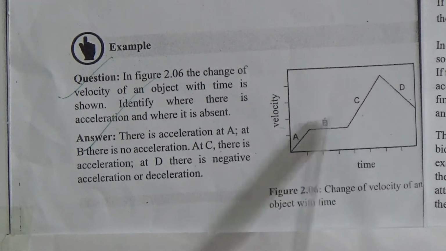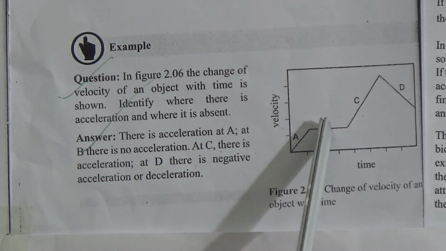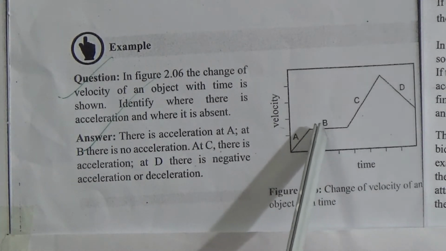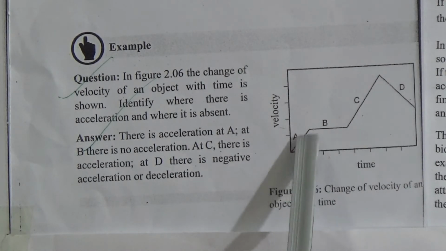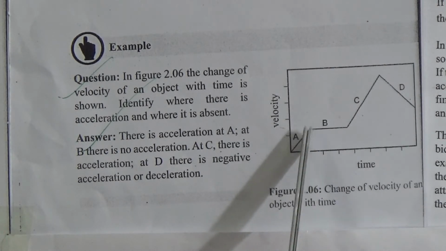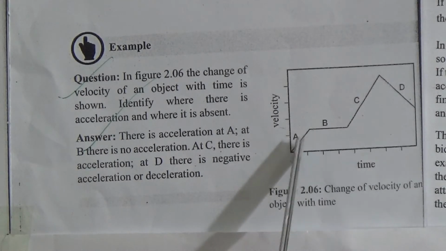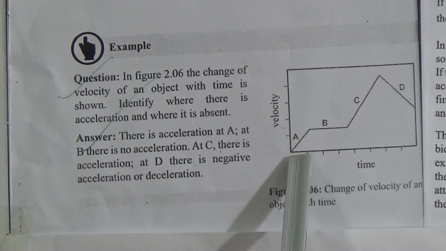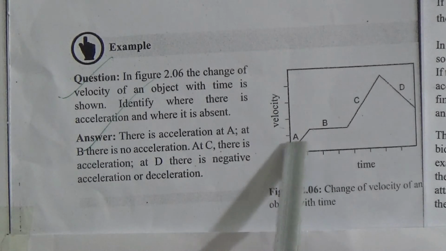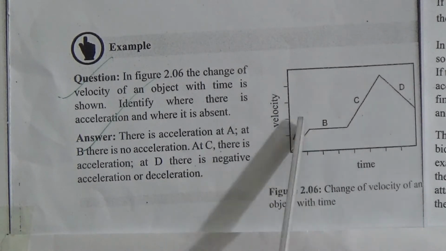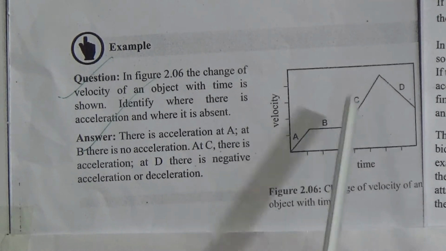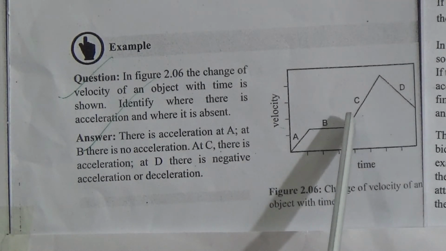That's why point B has no acceleration, but point A has acceleration, because at this position there is a change of velocity, that's why there is acceleration. But at point B, it started from here and the final point is here.